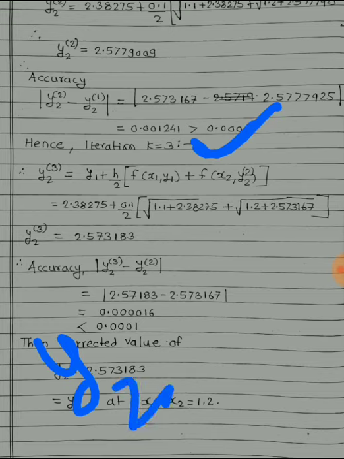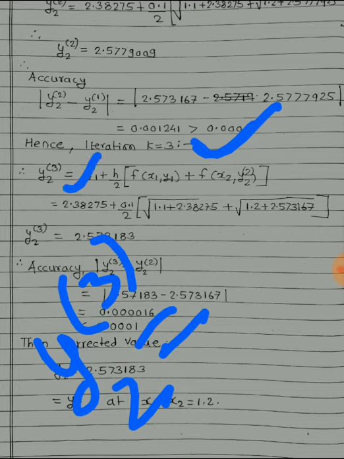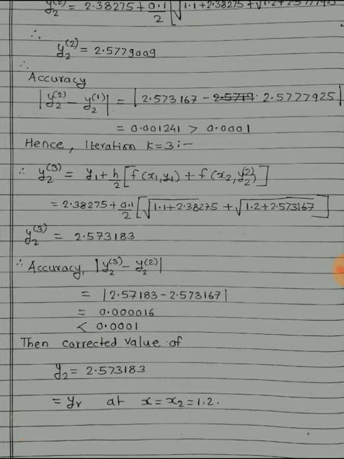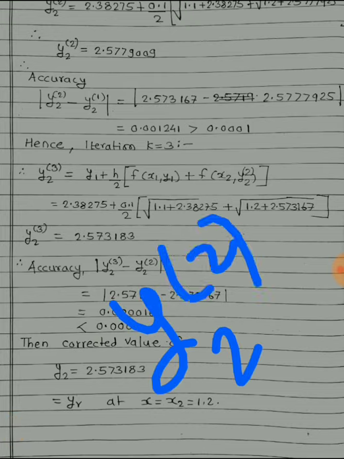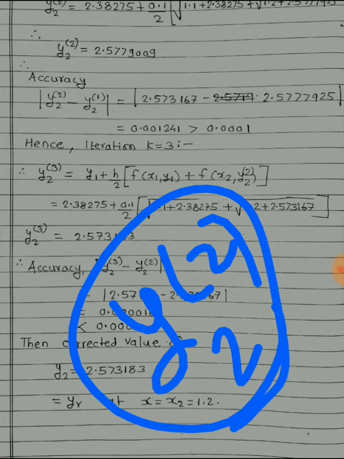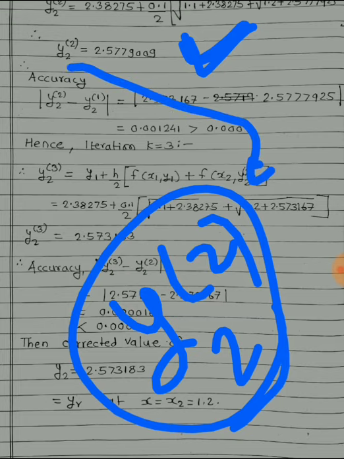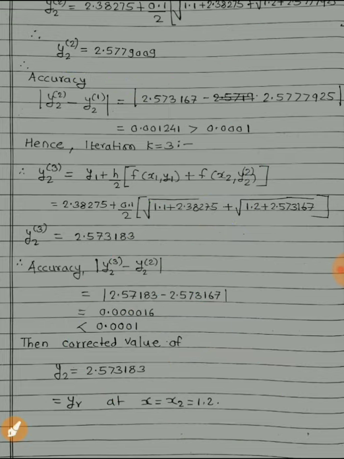So in the third iteration, with k equal to 3 as mentioned here, the value of y2 in the third iteration of correction becomes equal to y1 plus h by 2 f of x1 y1 plus f of x2. This value is the only change. What is that? This value will now be y2 raised to power 2, the previous value of y2 which you calculated in the previous iteration. I am going to put that here instead of y2. So the next work is to just put the values of y1, h, then f of x1 y1.